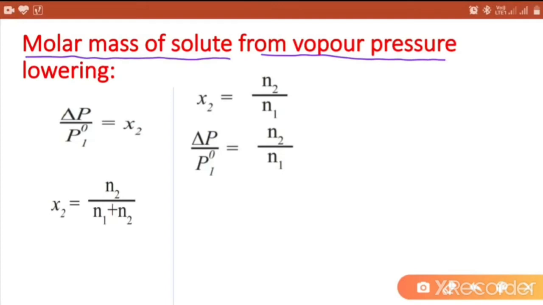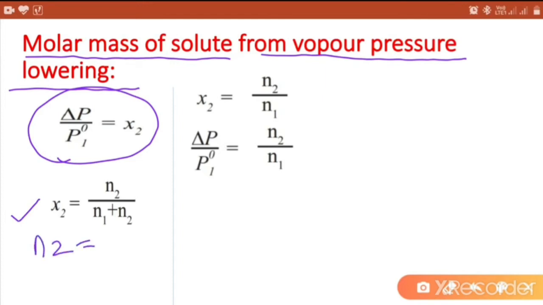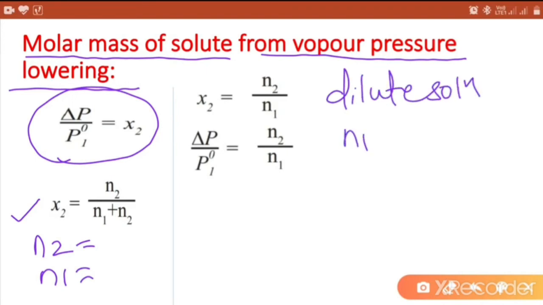Molar mass of solute from vapor pressure lowering. We studied that the relative lowering of vapor pressure, ΔP divided by P1⁰, is equal to x2, where x2 is the mole fraction of solute, n2 is the number of moles of solute, and n1 is the number of moles of solvent. But for dilute solutions, n1 is very large compared to n2.